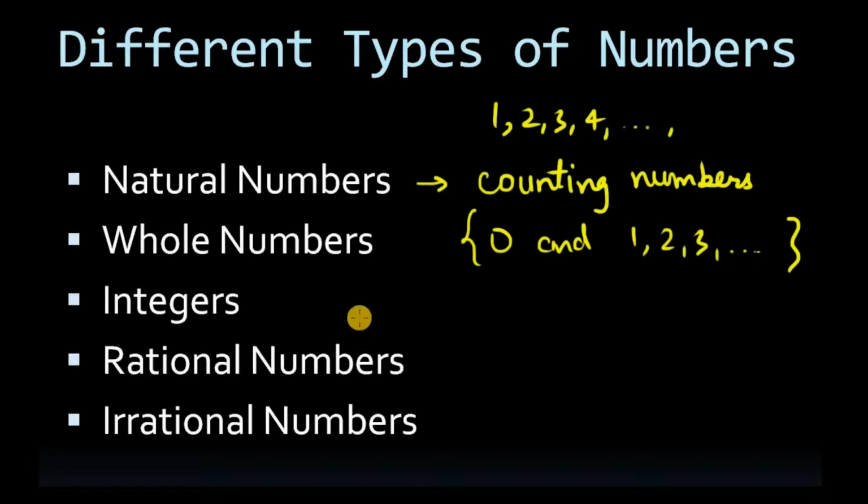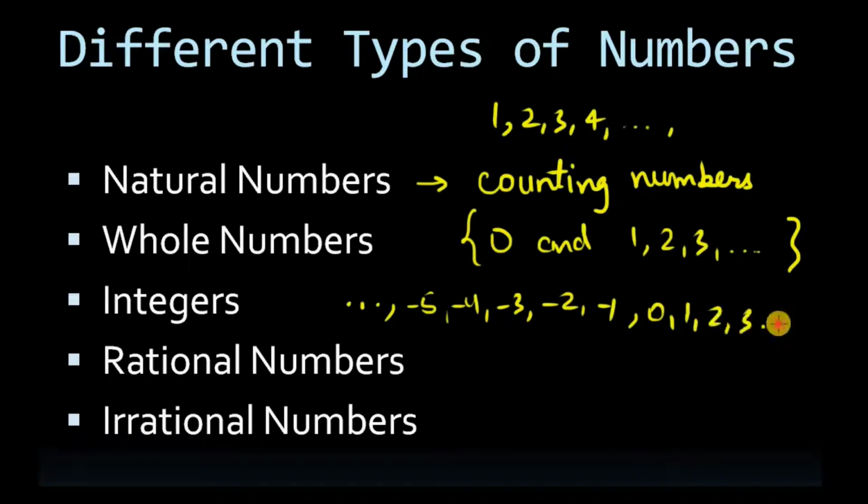Now comes integers. Integers are like whole numbers with the negative numbers. Like we have numbers like -1, -2, -3, or in ascending order, -5, -4, -3, because we are coming from negative infinity, and then -2, -1, 0, 1, 2, 3 and likewise.